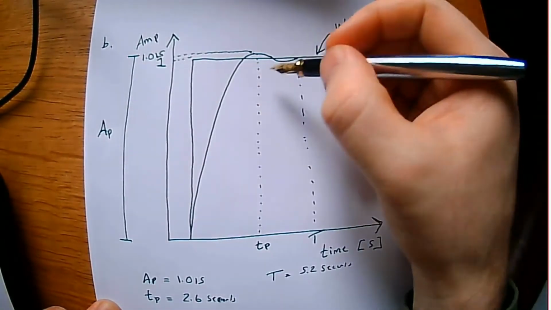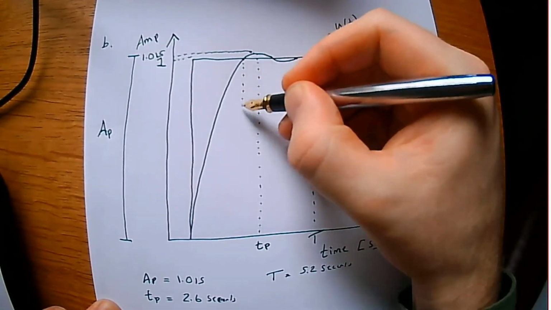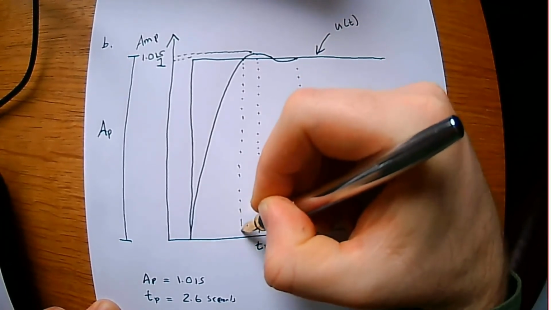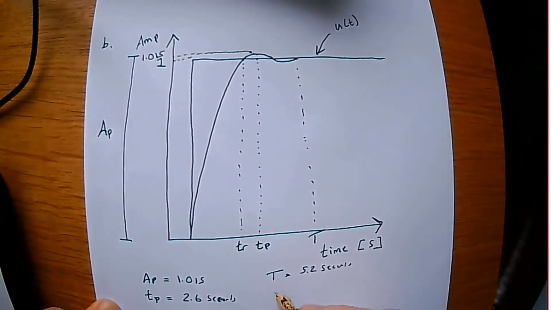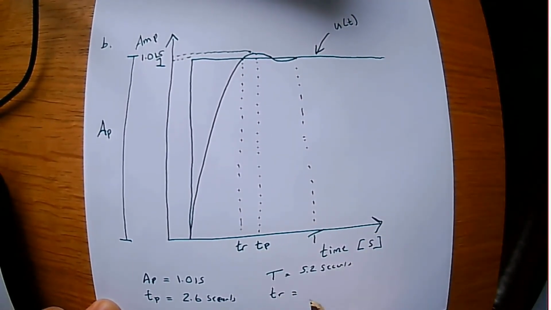Rise time is the first time you hit the final value of the system, so that's given by here. So if we put on TR, we know TR was equal to 2.08 seconds. Okay, so we've got those properties: rise time, peak time, period time, peak overshoot amplitude.